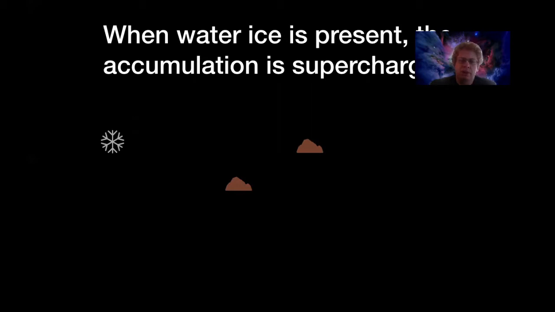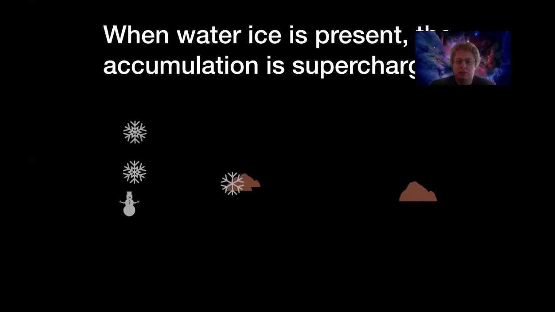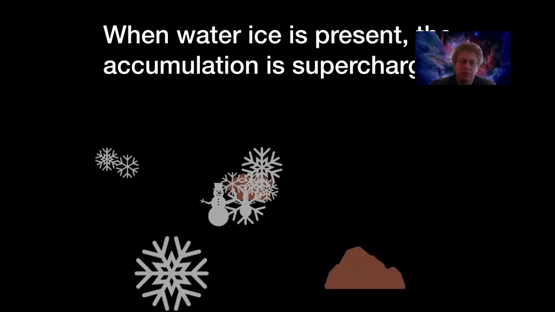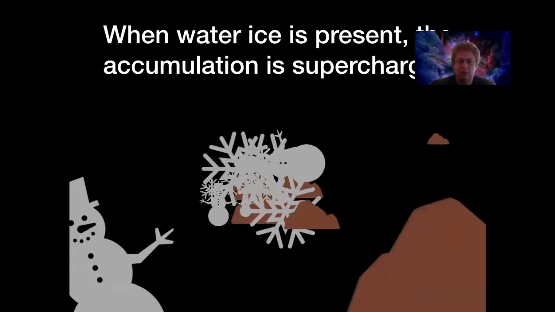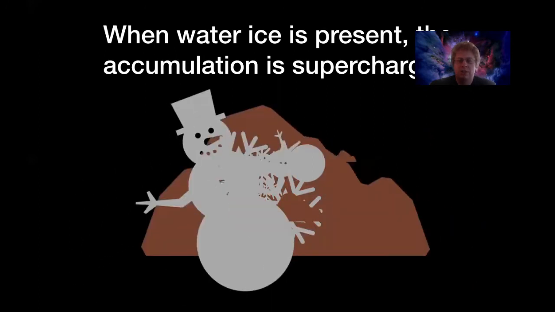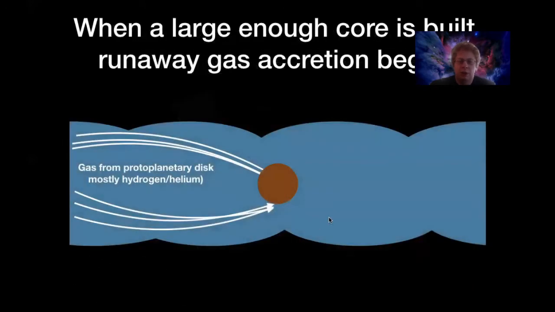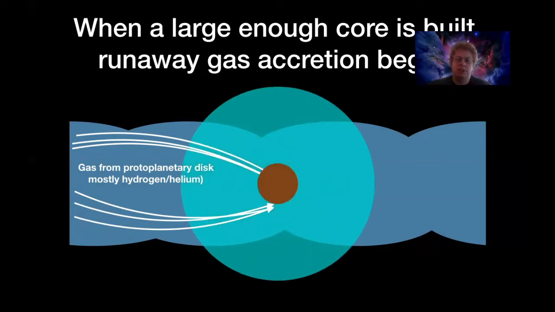When you have water ice in addition to rocky materials like iron and silicates, it's way easier to build up cores quickly. And you can build up a core fast enough and large enough that you can then start to rapidly accumulate gas. So gas from the protoplanetary disk is then sucked onto this planet core, and it builds up a thick envelope of hydrogen and helium.